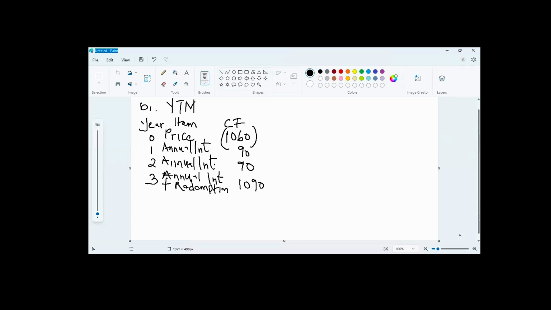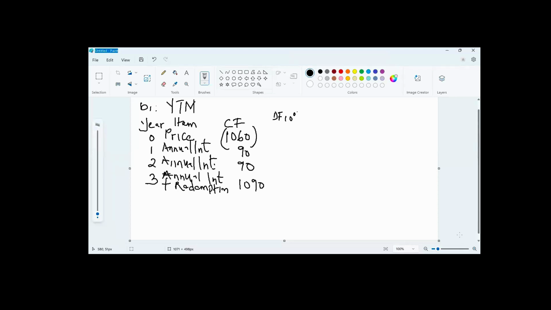So we need to get the internal rate of return of these cash flows. To calculate internal rate of return, you are going to assume a discount rate. What should we start with? Maybe 10%.